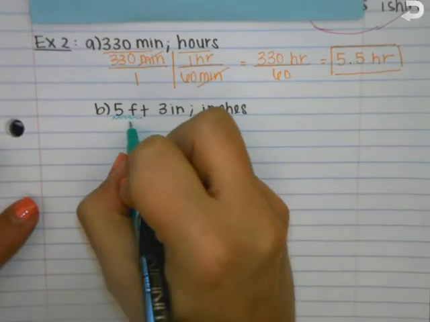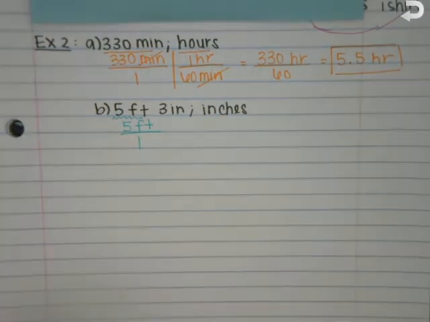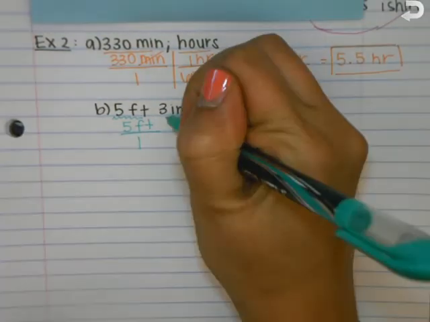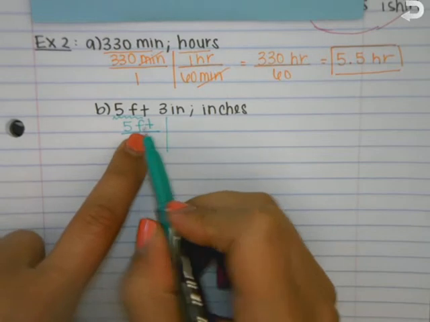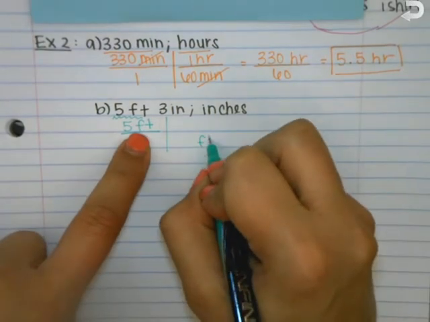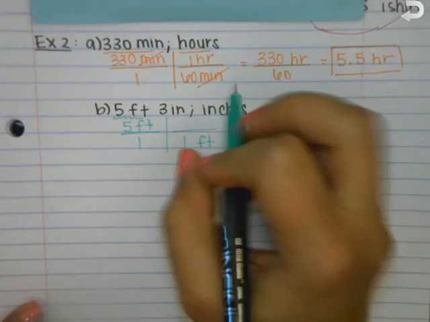5 feet is what we are converting, so we put it over 1. Then remember, we put a line in between all of our ratios just to keep it organized for when we have longer problems. Okay? And we're converting feet to inches. How many inches are in a foot? 12. Since I'm canceling out the feet, I need to put the feet on bottom, right? So it's 1 foot in 12 inches.